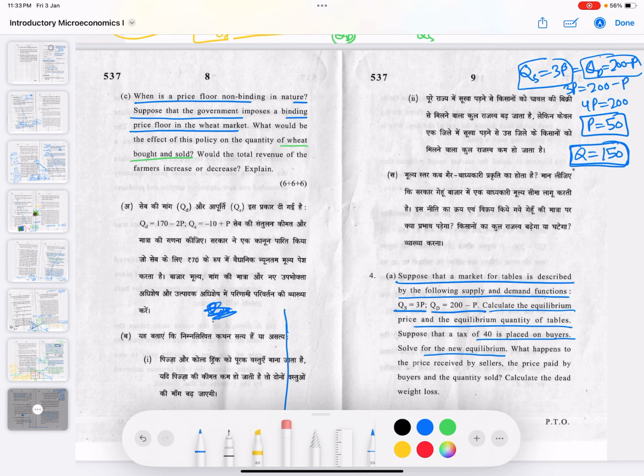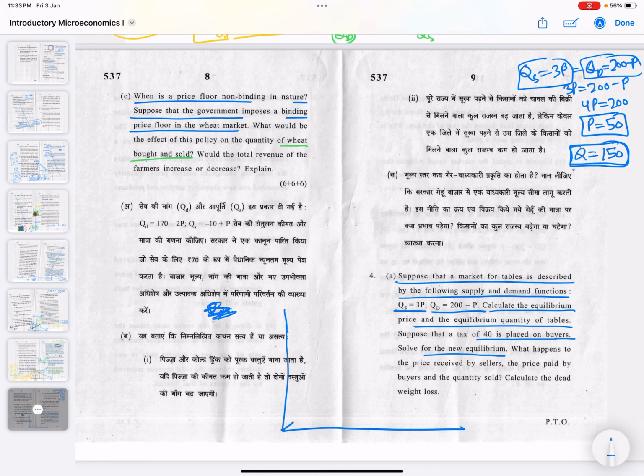So when price is 1, quantity is 3. So it would be like this. And quantity demanded is 200 minus P. Quantity, this is price. So the price is coming out to be 50.